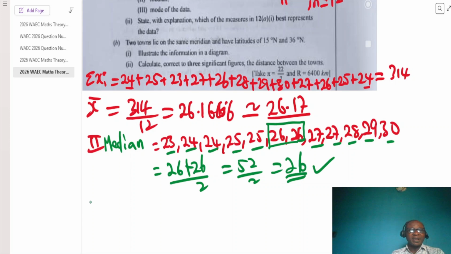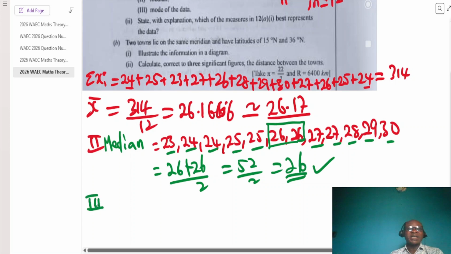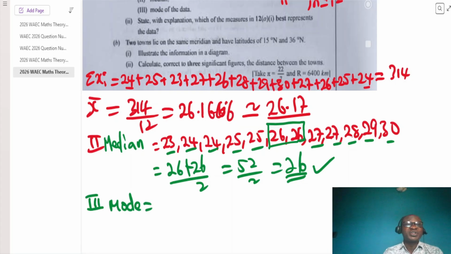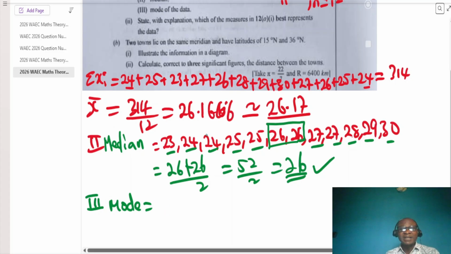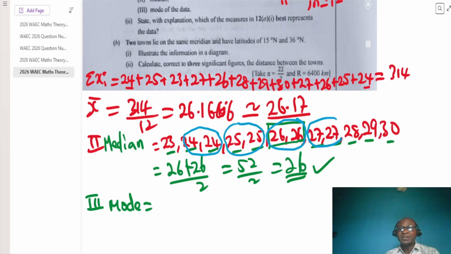Question I3 says that we should find the mode of the data. The mode is the most frequent number. You will see that there are values that appeared more than once, and it's not only one or two. 24 appeared 2 times, 25 appeared 2 times, 26 appeared 2 times, and 27 appeared 2 times.